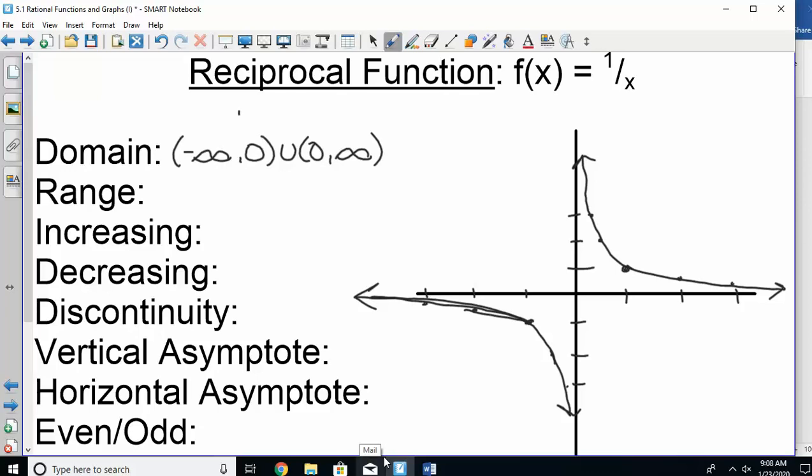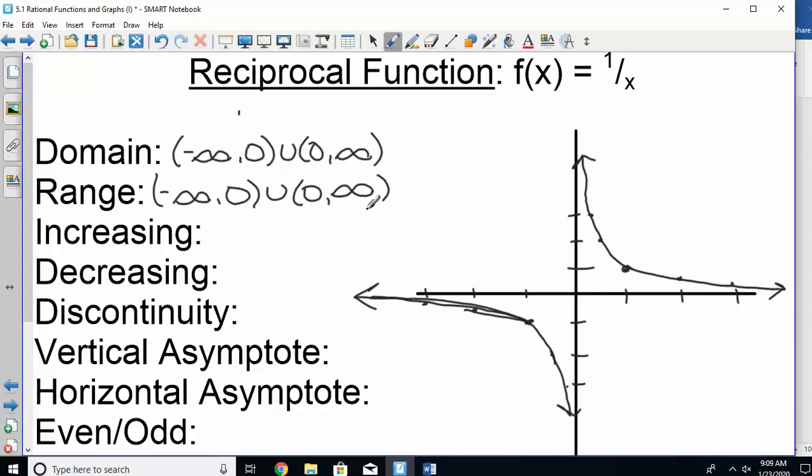Okay, so now can we look at this and give the range? This is coming from the negative, so it's -infinity to, did it ever hit 0? Union, and then we hit everything above 0. So it's -infinity to 0, union 0 to infinity.